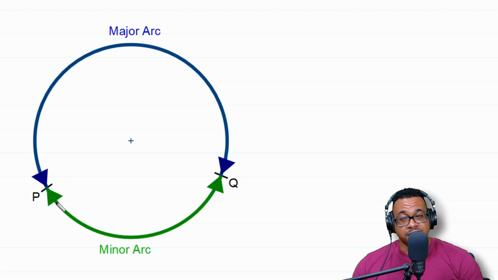So there we have it. In green, we have the shorter distance from P to Q along the circumference of the circle, which we call the minor arc PQ. And in blue, we have the greater distance from P to Q along the circumference of the circle, which will be the major arc PQ.